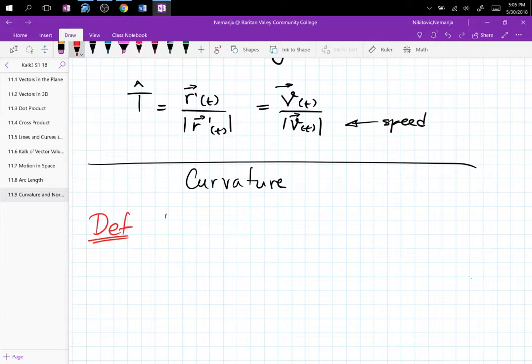So let R, that's a vector R, describe a smooth parametrized curve.